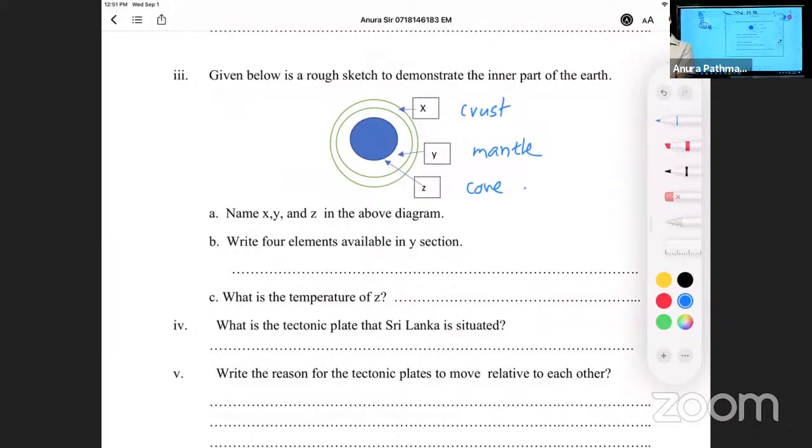Silicon, magnesium, iron, oxygen. What is the temperature of Z? 4,400 to 5,000 degrees Celsius.